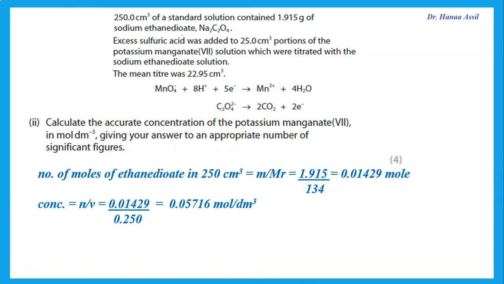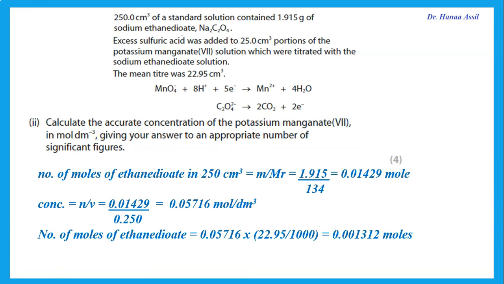So this is the concentration of the sodium ethanedioate in the burette that we are using for titration. Now, we used 22.95 cm³ of that, so we can get the number of moles of the ethanedioate. That would be the concentration times the volume used. So this is the number of moles of the ethanedioate.